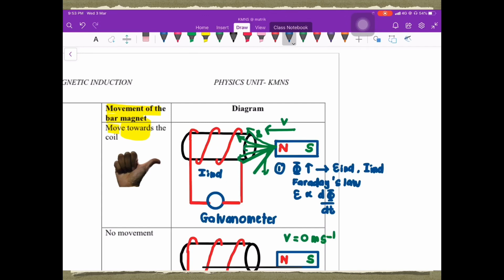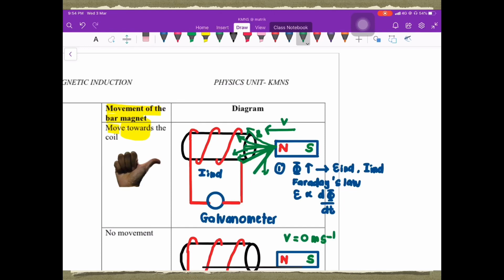Lenz's law states that the induced electric current always flows in such a direction that it opposes the change producing it. Now, when the bar magnet moves towards the coil, we can see the magnetic flux increases.